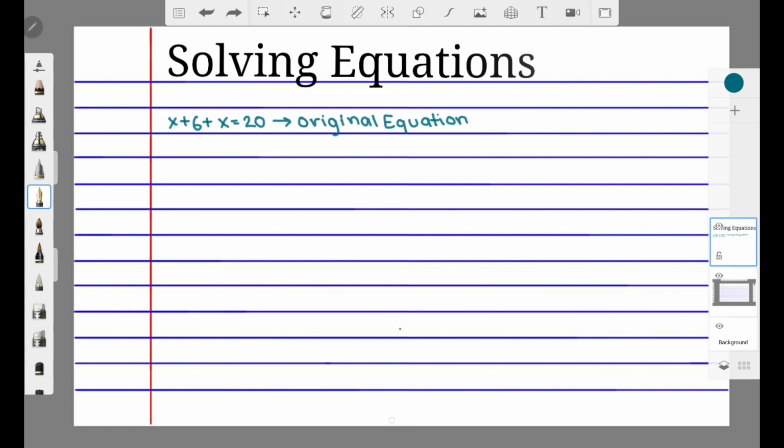So we will use the commutative property of addition to change the order in which this equation is written. x plus x plus 6 equals 20. And by the commutative property of addition, that is the same as our original equation. This just makes it easier for our next step.